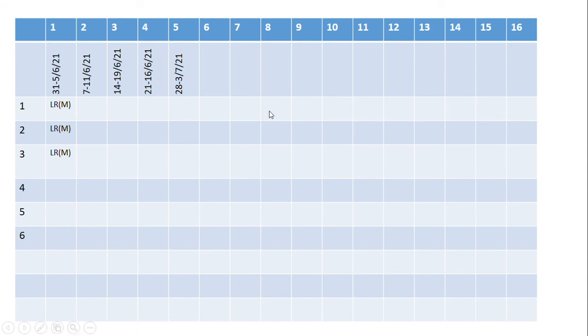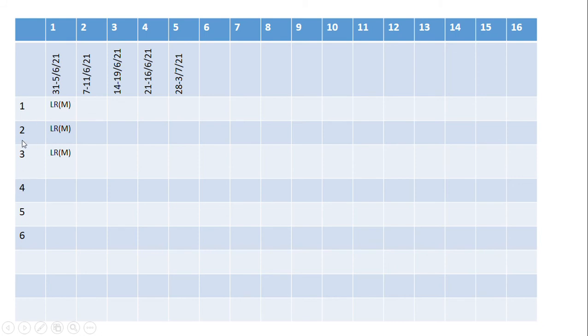So we have 16 weeks given, and because it is a PowerPoint slide, I cannot add all 25. I'll give you a sample copy that you can see. I told you that in the mass rotation I have divided the group into two, first group and second group. So this is about the first group.